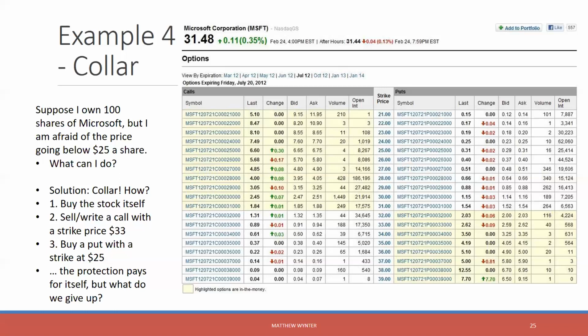Second, you're going to use that cash to buy your put. And third, you already own the stock. Because you hold the stock, you don't have to go into the market and buy it if someone ends up using the call that you sold them. And if the stock price tanks, if it goes below 25, you've locked in 25.